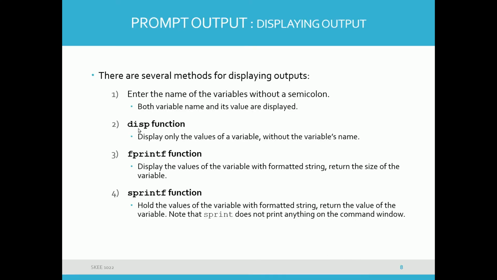Another way is to use the display function. It displays only the value of the variable without the variable name. Next is the fprintf function. With this one you can format the string. So what do you mean by format the string? I will show you later.